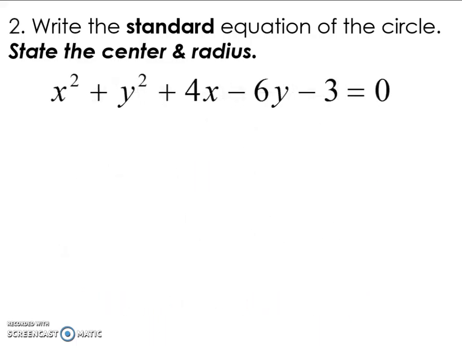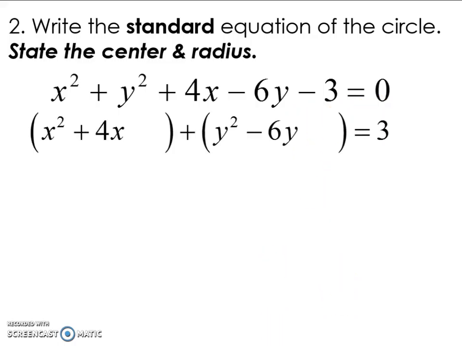In this example, we have both x's and y's that we're going to have to deal with. So again, the first thing you want to do is to put your x squared and your 4x together, your y squared minus 6y together, and add 3 to the other side. There we go. Looks good. Now from this point, you're going to complete the square.